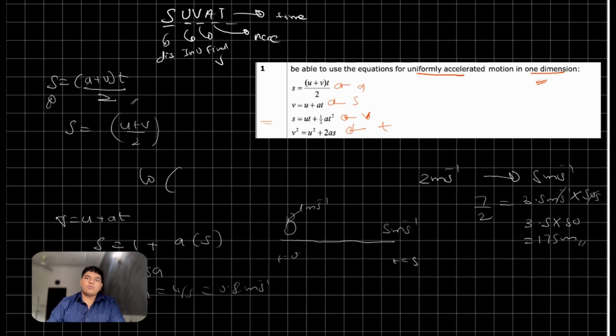While they've given you the SUVAT equation of s equals ut plus half at squared, this can also be interpreted in a different way, right? So s equals vt minus half at squared. This is an alternative equation to s equals ut plus half at squared. This is not necessarily given in the textbook, but it is also an equation that we can use.